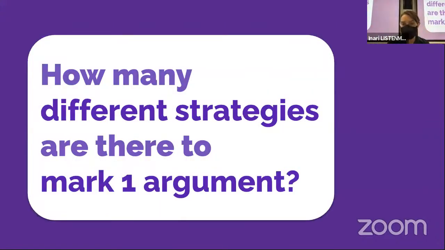So here's a question for everyone who is following. How many different strategies are there? If you want to commit to your guess, type the number in chat, let me know. Otherwise, just guess a number in your head and check afterwards how it went. And again, we're talking about 1 argument.